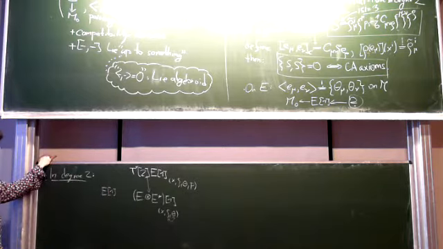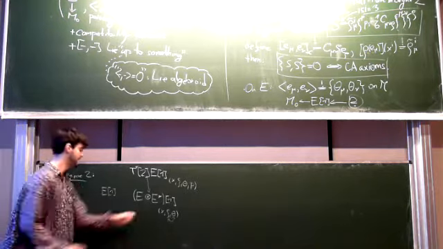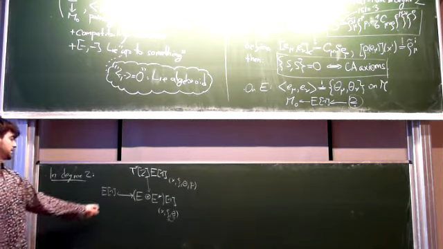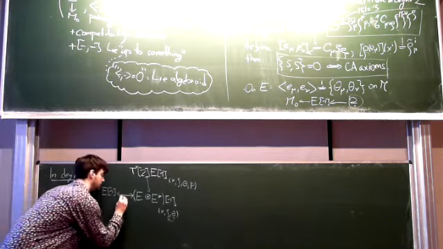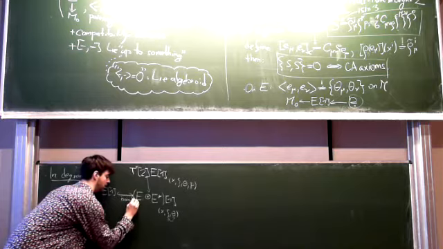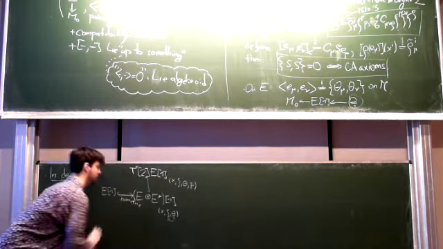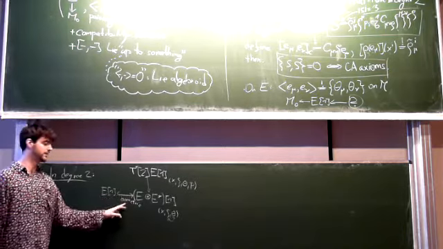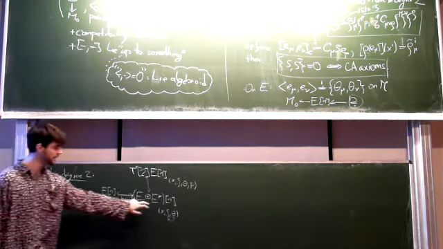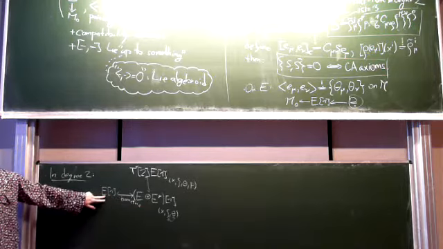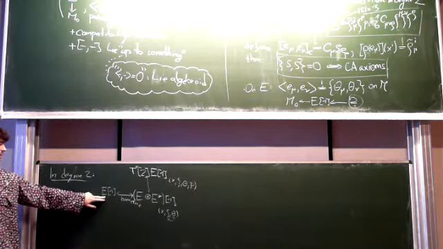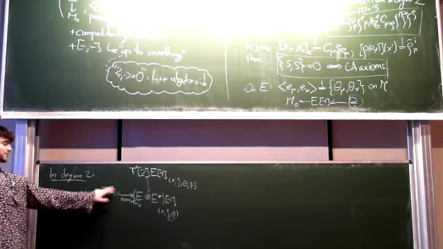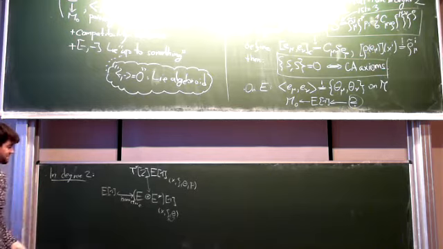So what we do, we embed this here, but we do it isometrically. Isometric embedding means that it preserves the pairing here and here. Here we have the Courant algebroid pairing. If we do not forget about this, then it's the Poisson structure.